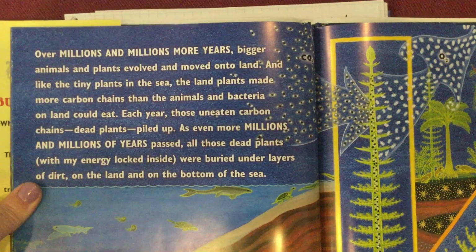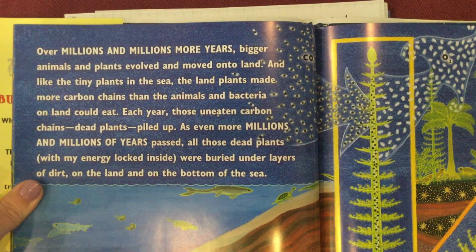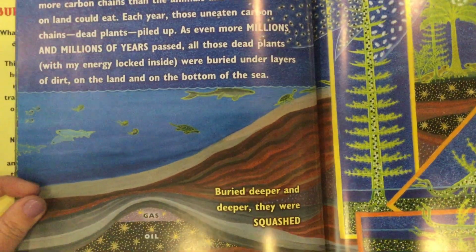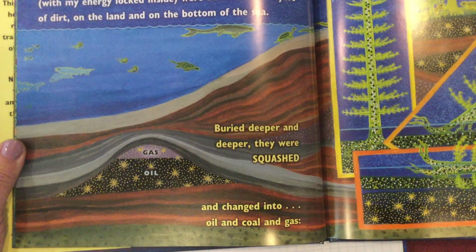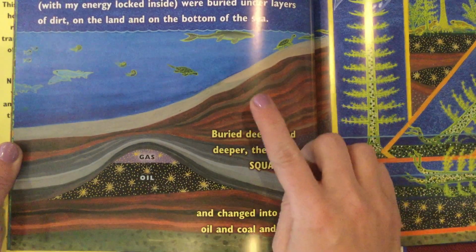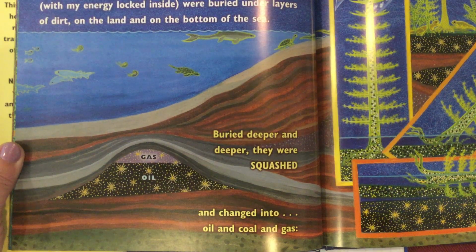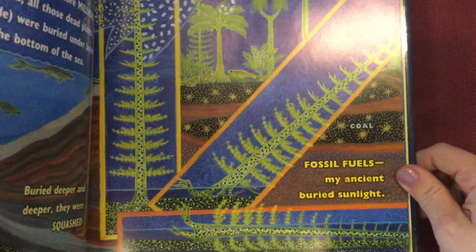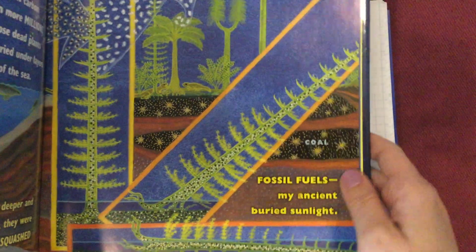As even more millions and millions of years passed, all those dead plants with my energy locked inside were buried under layers of dirt on the land and on the bottom of the sea. Buried deeper and deeper, they were squashed and changed into coal, oil and gas. Fossil fuels, my ancient buried sunlight.